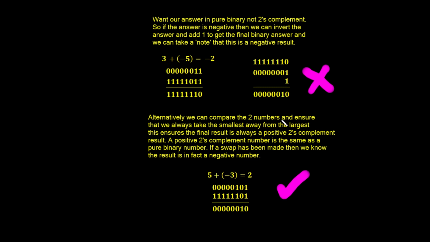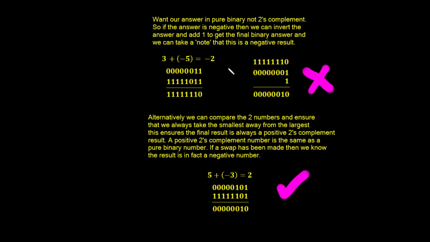So for example, we're looking at the numbers 3 and 5. What we can do is find the smallest number. In this instance, the smallest absolute number is the number 3. So we can ensure that we always take away the smallest number from the largest number. That'll always ensure that we end up with a positive value.